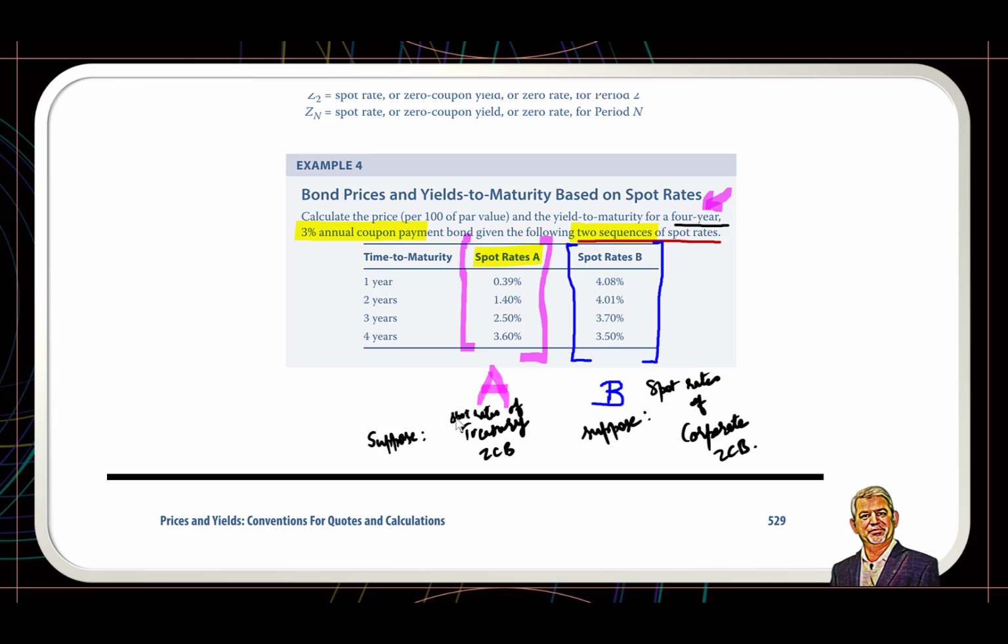So these are maybe spot rates of treasury issued zero coupon bonds, and then you got another series of spot rates and you called that series B or sequence B, and then you got a different set of spot rates. Let us assume that these are spot rates of corporate issued coupon bonds, right?